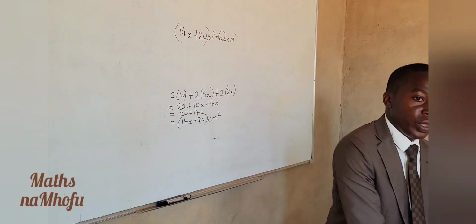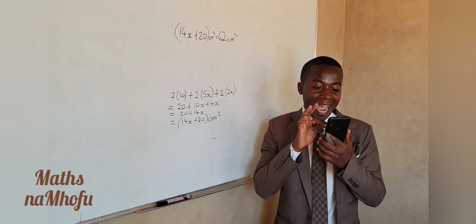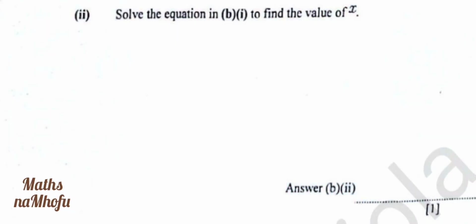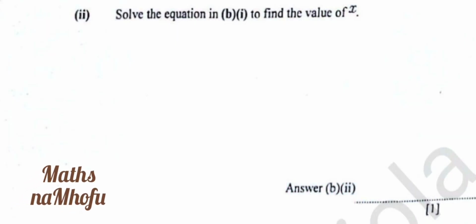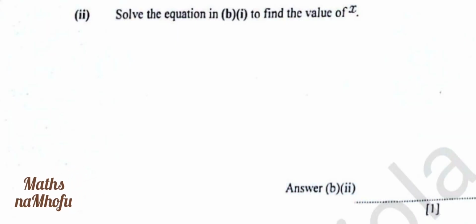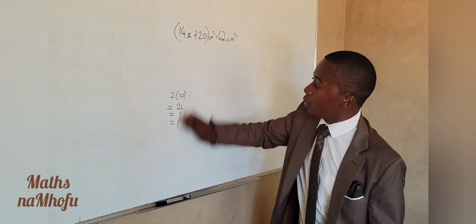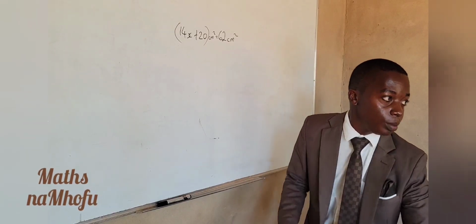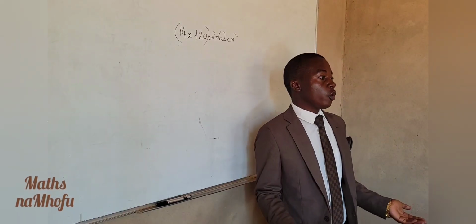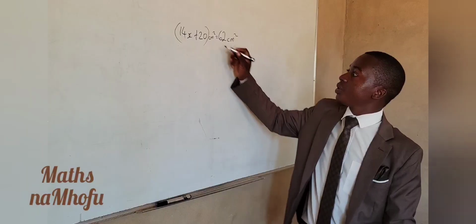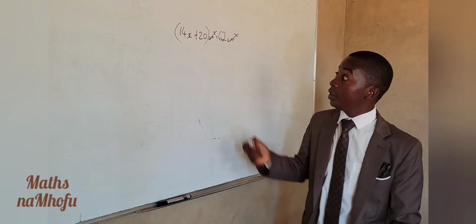Yes. Now, the other question is asking us to solve the equation in B1 and find the value of x. We now want to find the value of what? And it's very simple for us to find the value of x. We just simplify, right? But for us not to have confusion, let us first remove the square centimeters because it's on both sides. You understand?